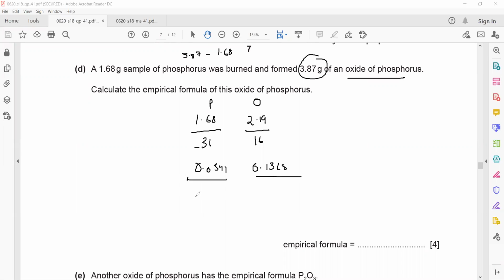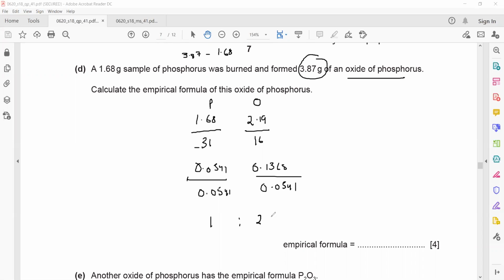Then take the simplest ratio, that is, divide by the smallest value, 0.0541. 0.0541 divided by 0.0541 will be 1. What is the answer for oxygen? 0.1368 divided by 0.0541 is 2.53, or about 2.5.